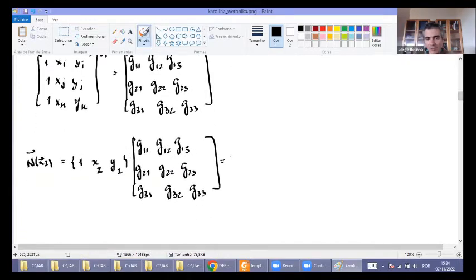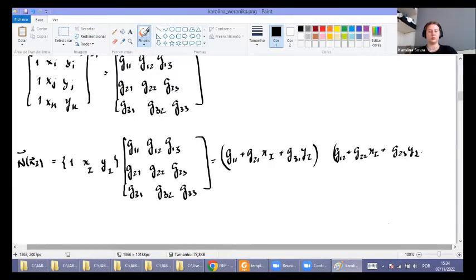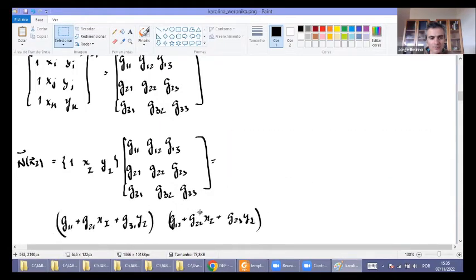This multiplied by that gives G11 plus G21 X plus G31 Y. Next one, this by that gives G12 plus G22 X plus G32 Y. I don't have the space, so I'm going to jump to the next line.